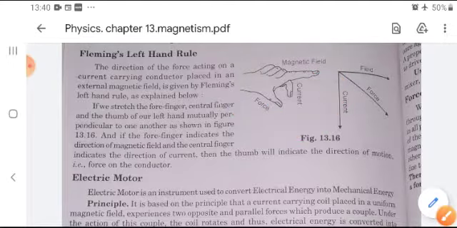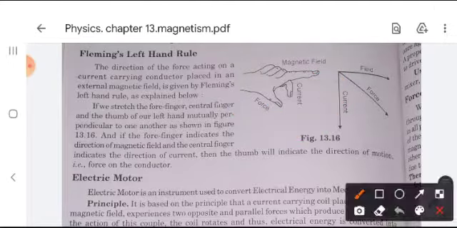Then what will happen? The direction of magnetic field is shown by the forefinger. The direction of force is shown by the thumb, and the middle finger shows the direction of current.